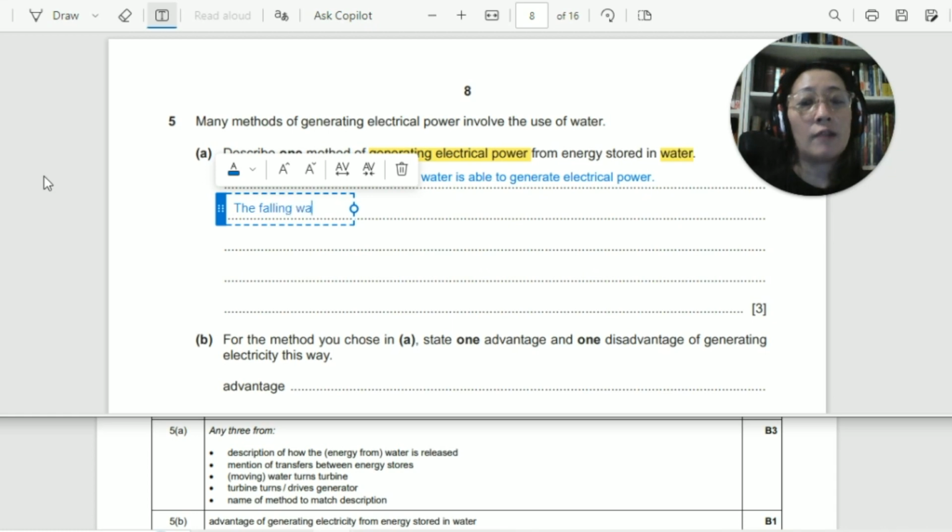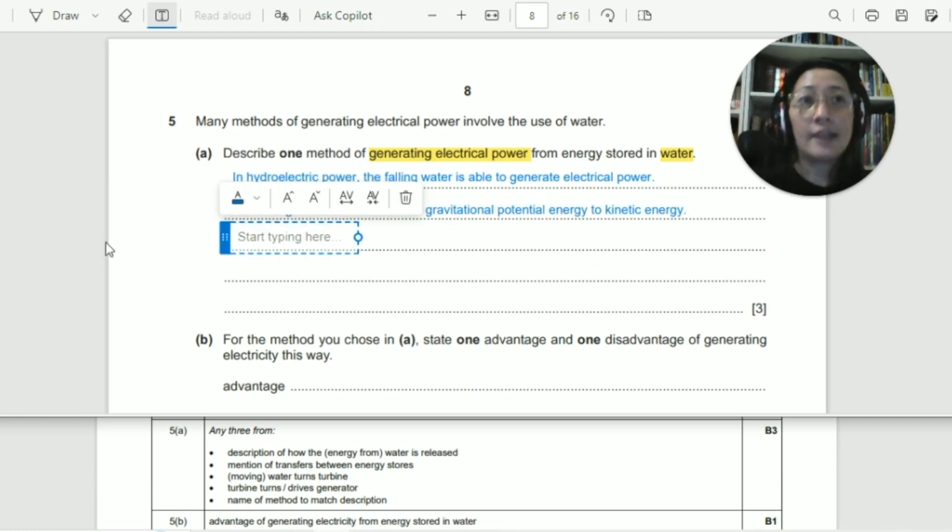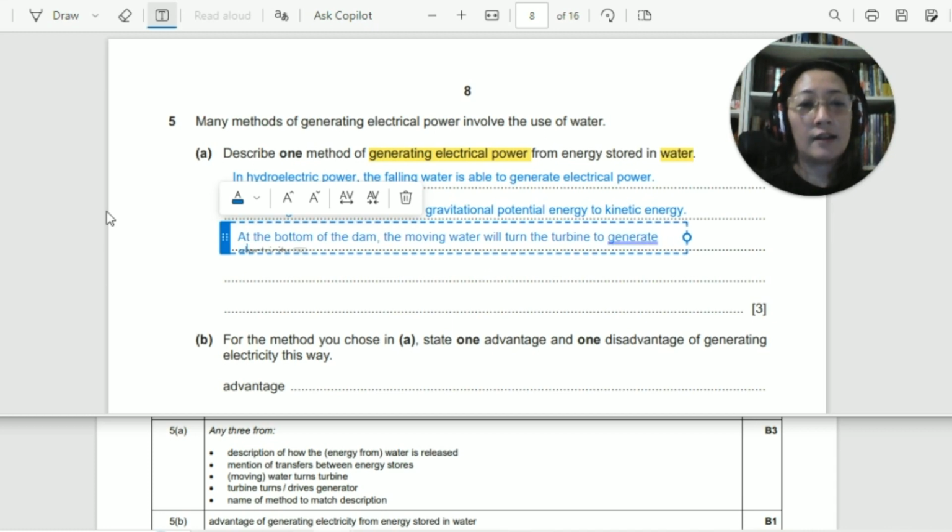So the falling water will convert from gravitational potential energy to kinetic energy. Next, let's talk about how the water is able to turn the turbine. At the bottom of the dam, the moving water will turn the turbine to generate electricity.